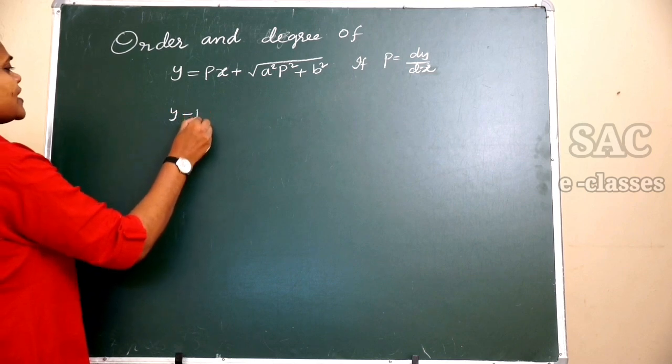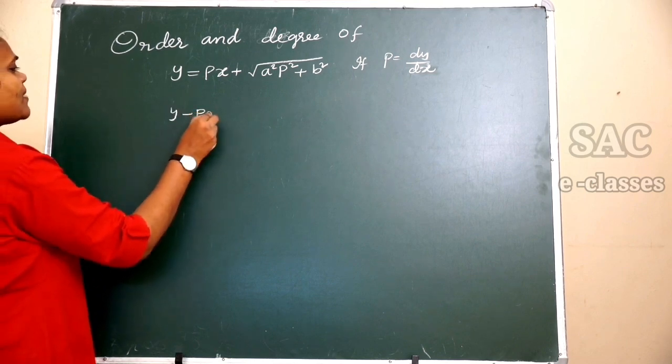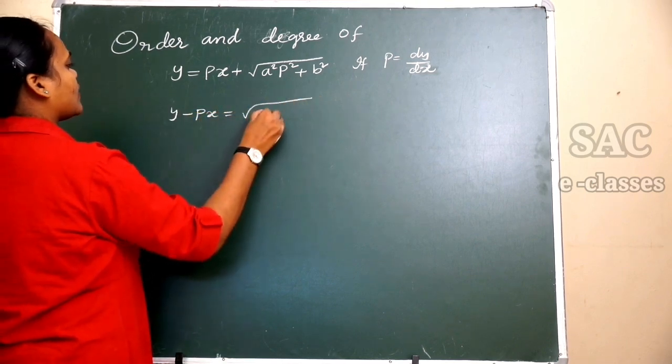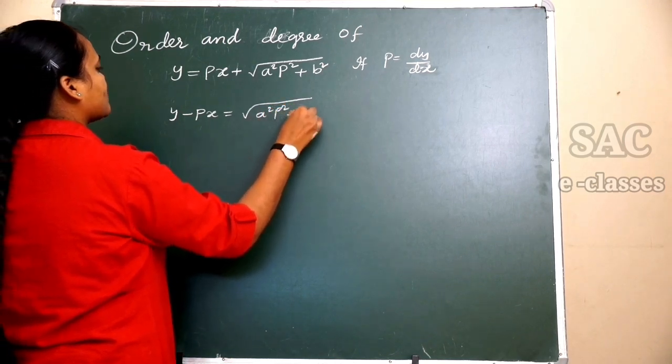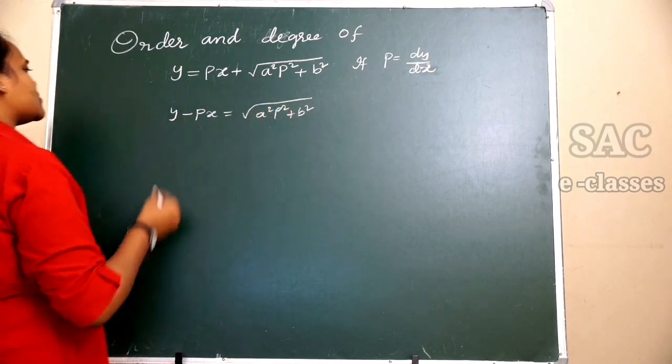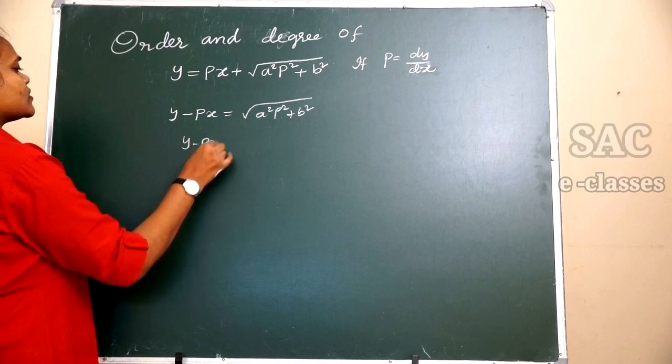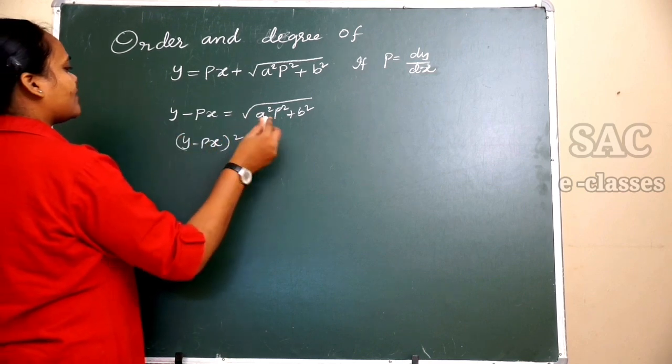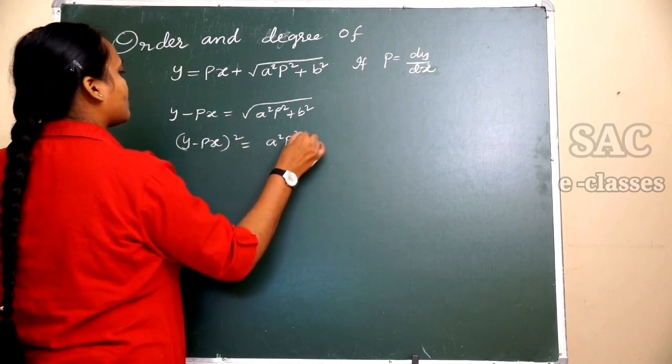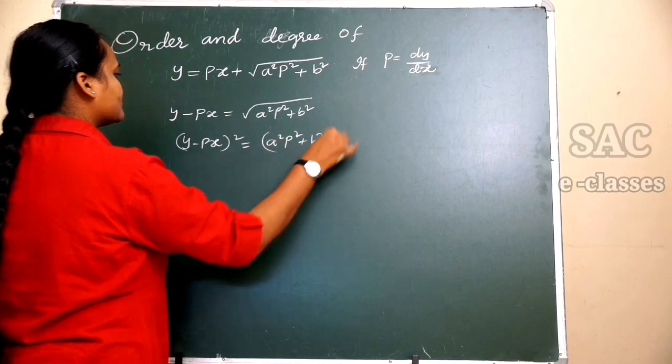So what I am trying to do is write y minus px is equal to root over a square p square plus b square. In order to remove this root, I am squaring on both sides. After squaring, you get a square p square plus b square.